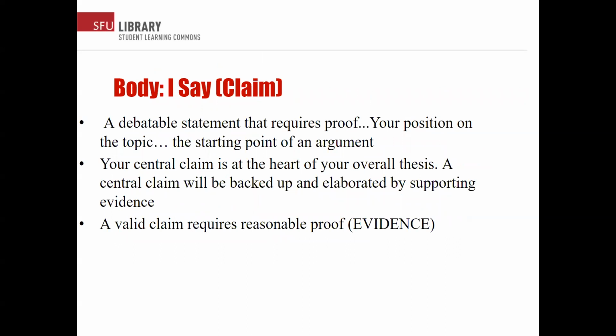I say. After finishing the background section, you now need to include your own position on the topic. So the I say part. In this part, you actually develop your thesis statement. You elaborate on the reasons that support your claim and provide evidence for the claim.